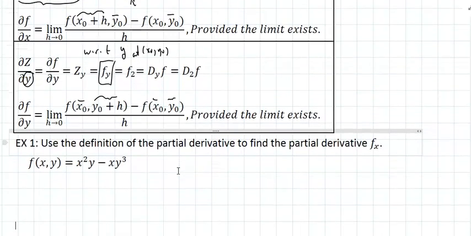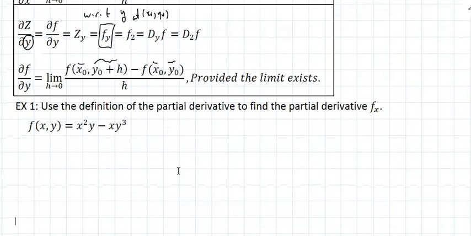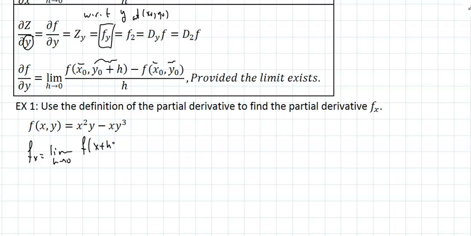And I'm going to start the first example by using the actual definition. It says, use the definition of the partial derivative to find f sub x. F sub x is the limit as h approaches 0 of f of x plus h, y minus f of x, y all over h.